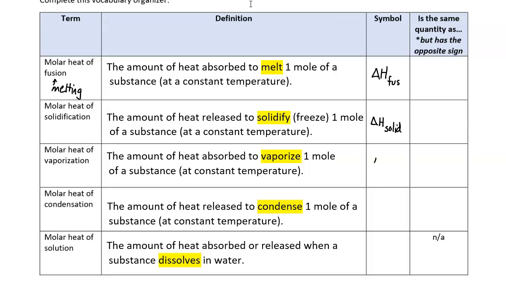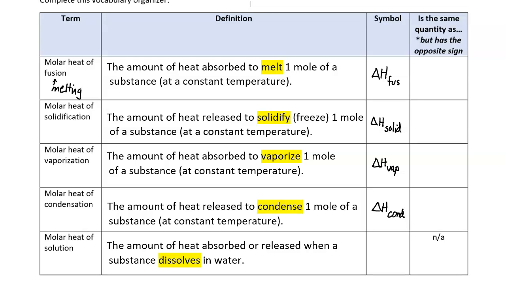Next one down, delta H, and this time it will often be written as VAP, the abbreviation for vaporization. The next one down, you could maybe take a guess at what it is, delta H, and then the abbreviation for the word condensation is typically COND.